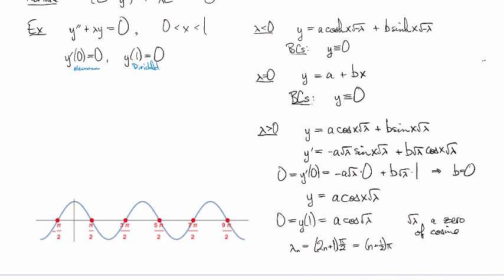And then we're going to have the corresponding eigenfunction y n, which will be cosine of n plus a half pi x. Okay, so putting that together, let's see what we get.